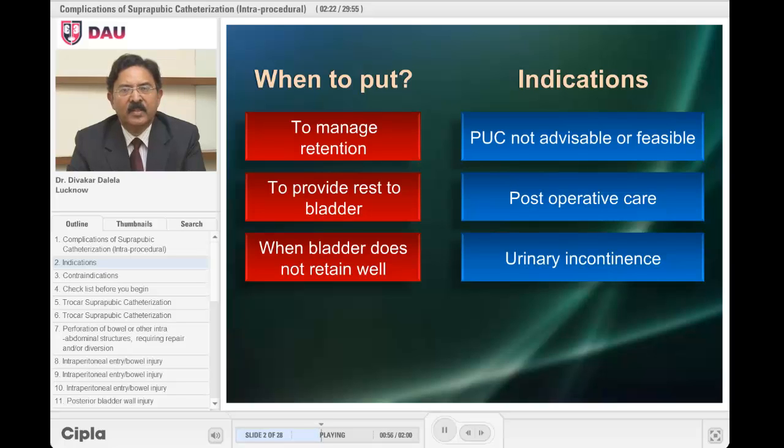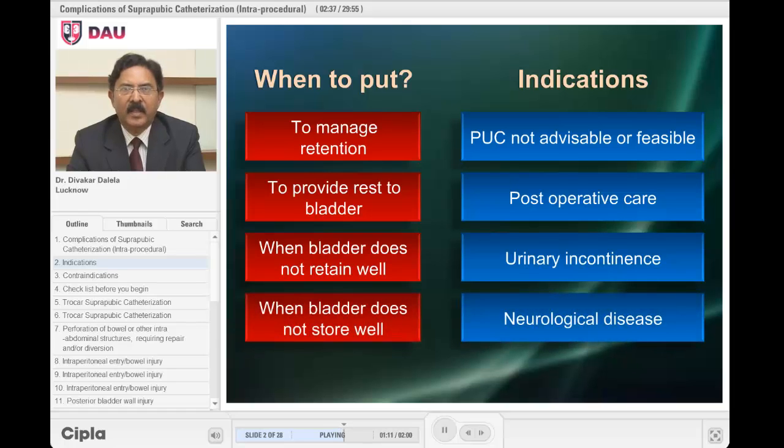When the bladder does not retain urine well and the patient has urinary incontinence, particularly in elderly individuals with long-term urinary incontinence, you put them on a suprapubic catheter for life. And then there may be a situation when the bladder can retain urine, but it does not store well. There is some difference in retain well and store well. In store well, I mean morphologically it will be able to retain about 200 to 300 cc of urine, but it is storing this urine at a high pressure.